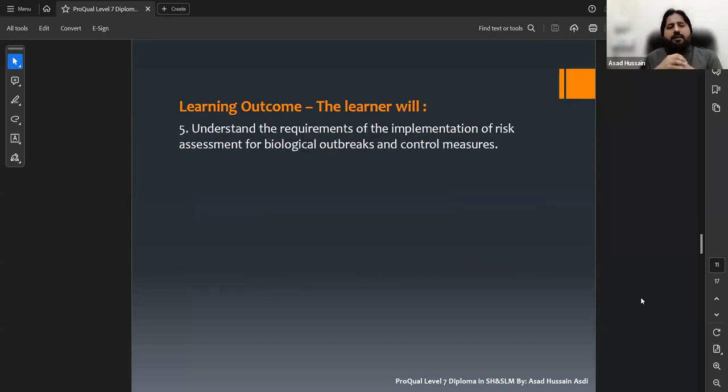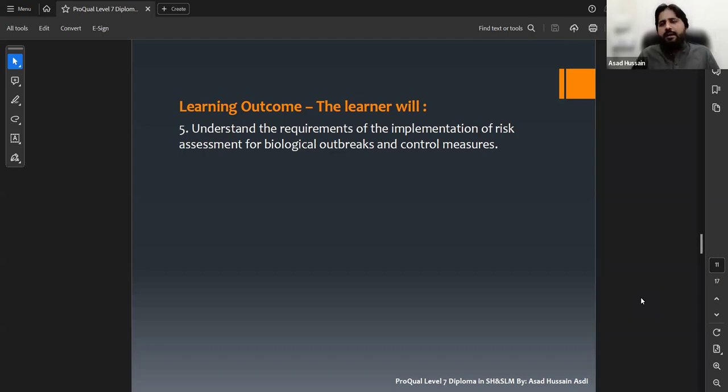Now we have number 5, learning outcome. Understand the requirements of the implementation of risk assessment for biological outbreaks and control measures. So basically, in different workplaces, there is a chance of different types of biological outbreaks.